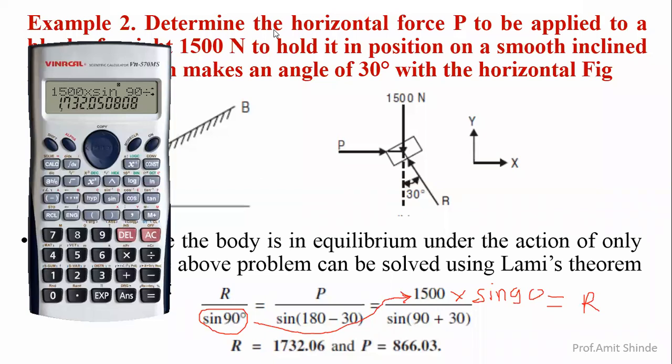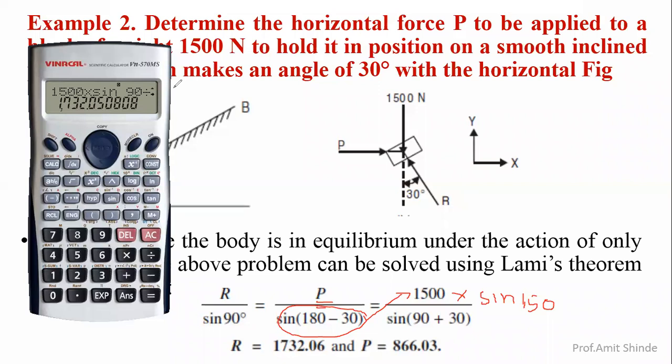Similarly, to find P, we take this term to this side, so it is multiplied with sine of 180 minus 30, which is sine 150.